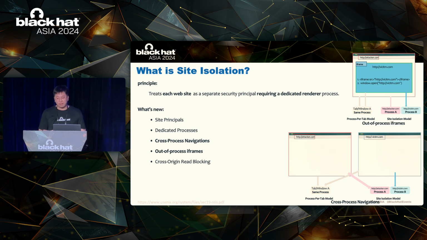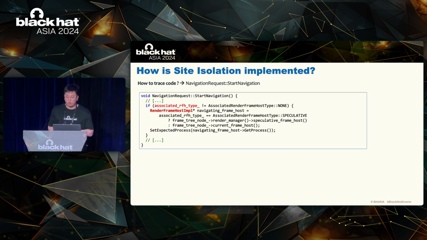Cross-process navigation and out-of-process iframes are the scenarios in which site isolation is applied. In the out-of-process iframe scenario, when the parent page contains a cross-origin iframe or pop-up page, they are loaded in a new process. In the cross-process navigation scenario, when the navigation target is cross-origin, it will be loaded in a new process too.